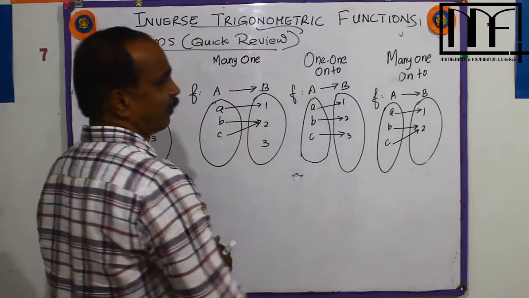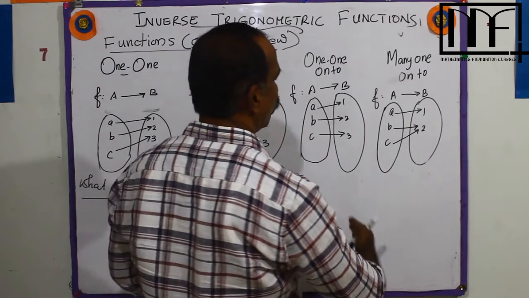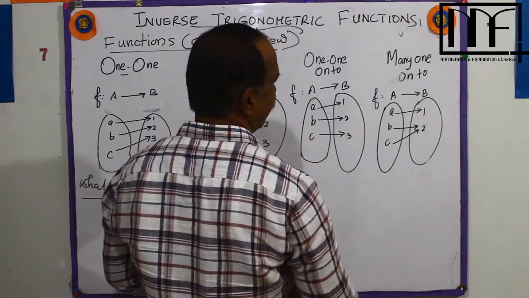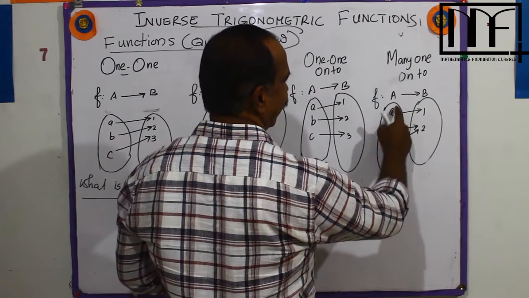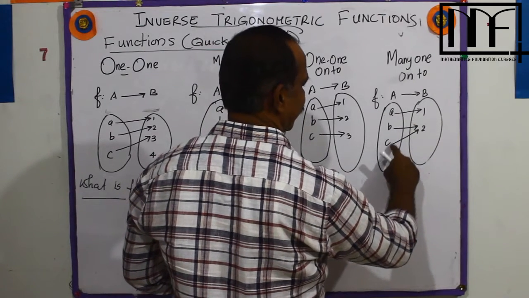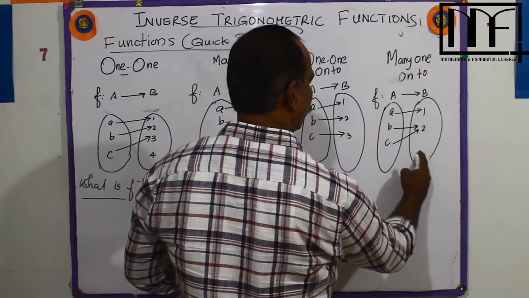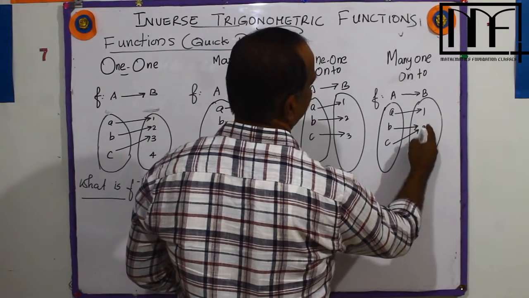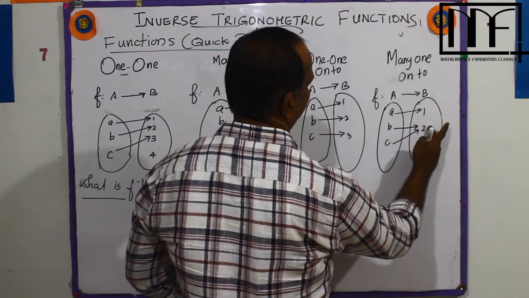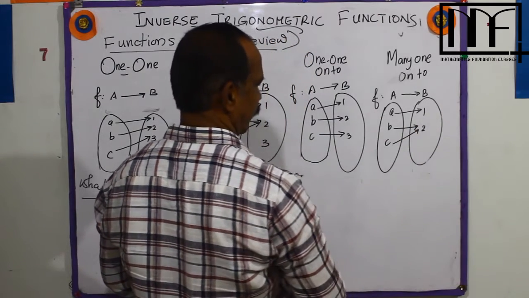Okay, now see the fourth example here. That is a many-one and onto function. It is many-one because in the domain set a has image 1, and b and c share the same image. Therefore, it is many-one, but it is onto because all the elements of the codomain are the images of some elements of the domain set.